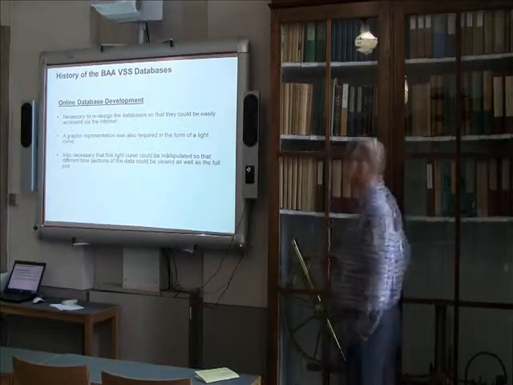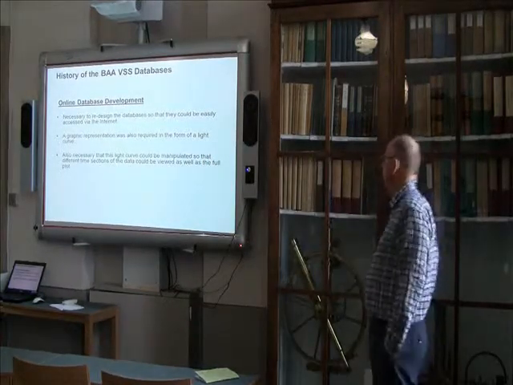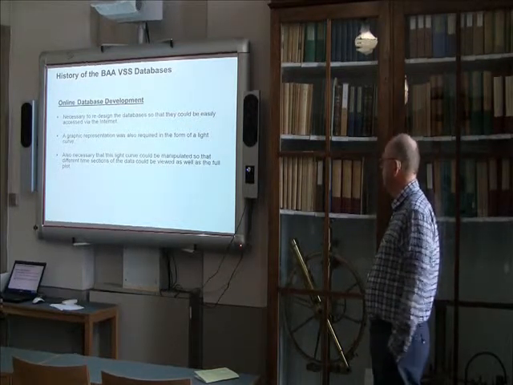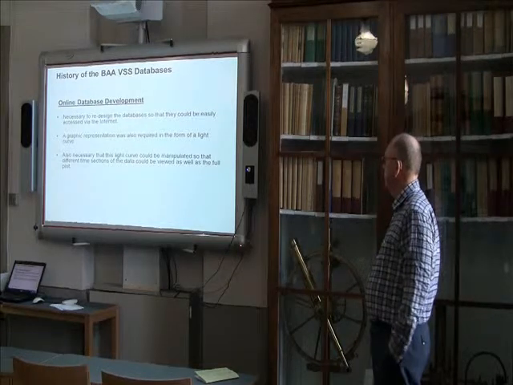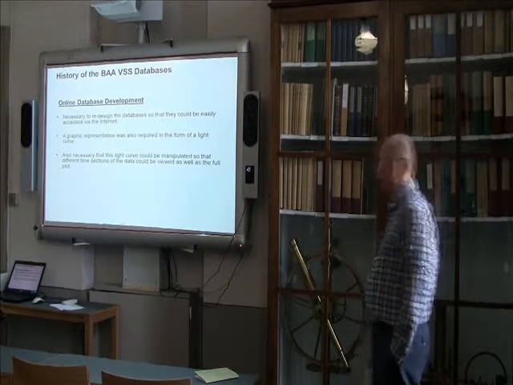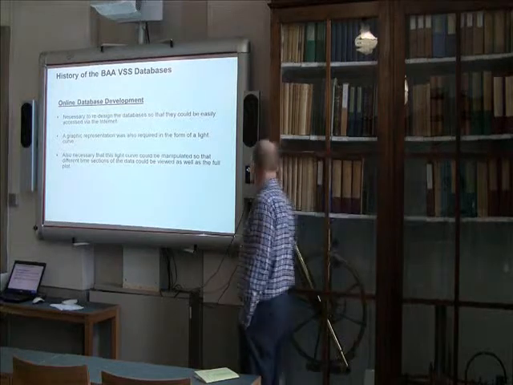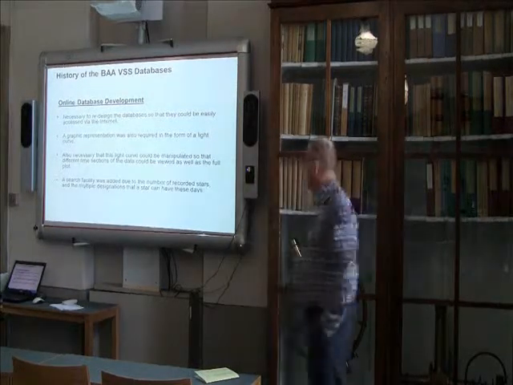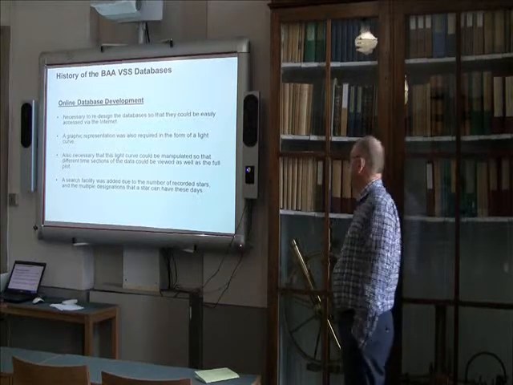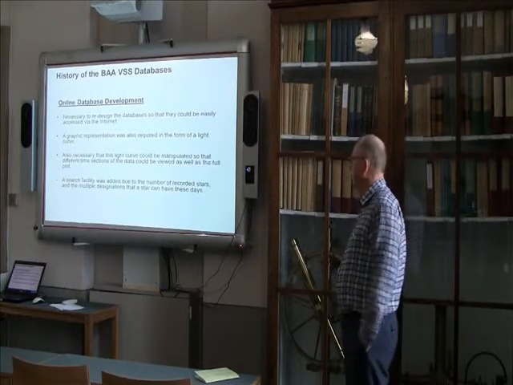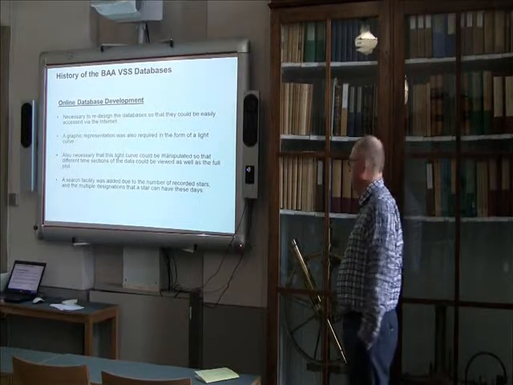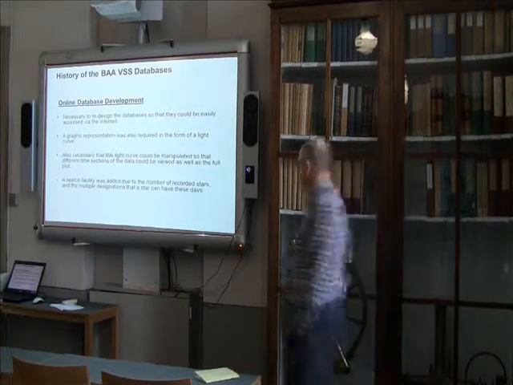Also, necessarily, the light curve could be manipulated so that different time sections of the data could be viewed, as well as the full plot. A search facility was added due to the number of recorded stars and the multiple designations that a star can have these days.